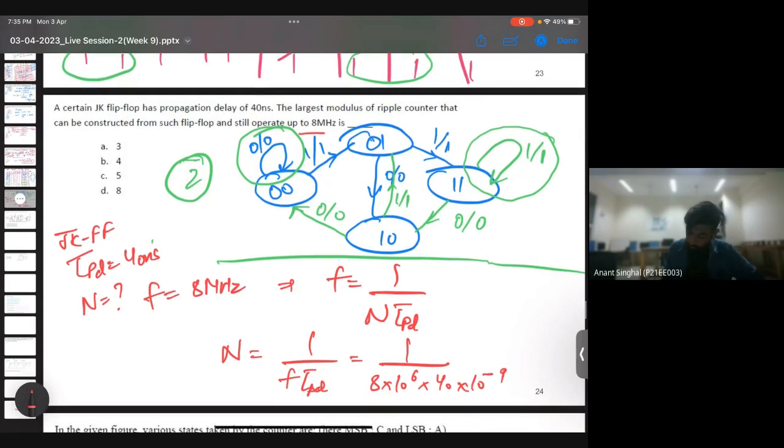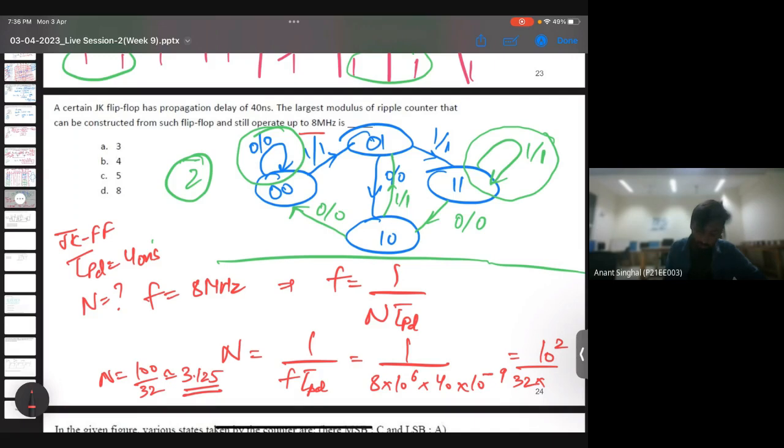So it will be 1 upon 32 times 10 to the power minus 3, and then minus 2. So n will be nothing but 100 by 32, which is 3 point something, maybe 3.125.